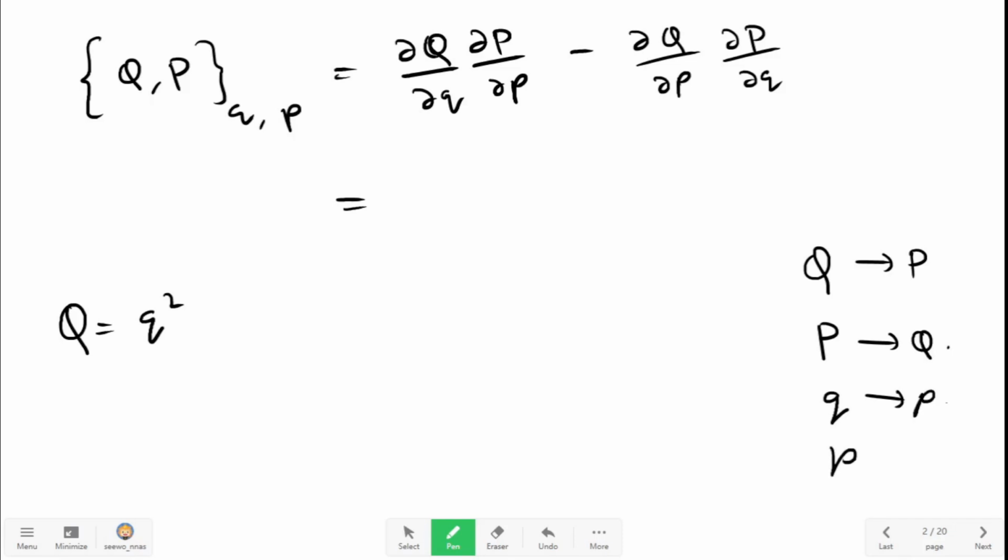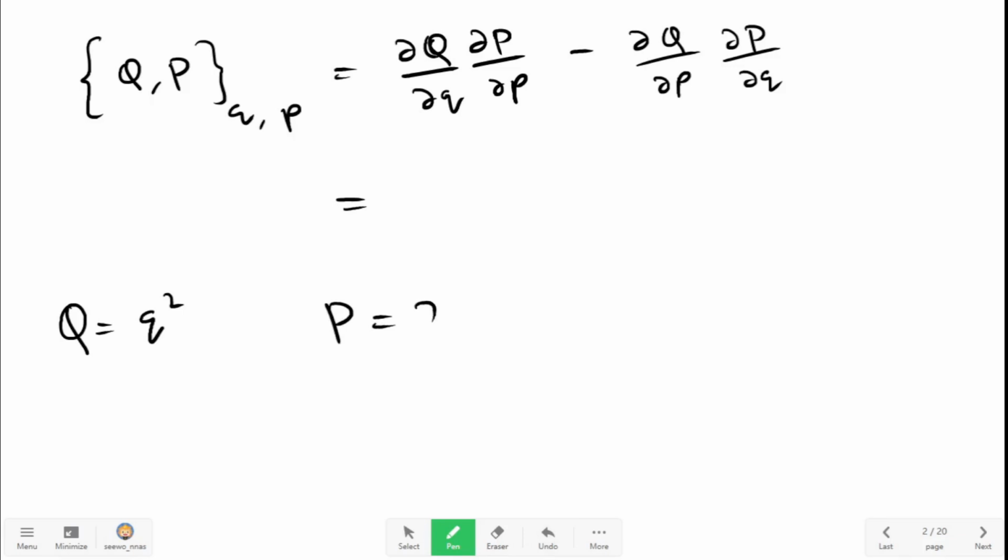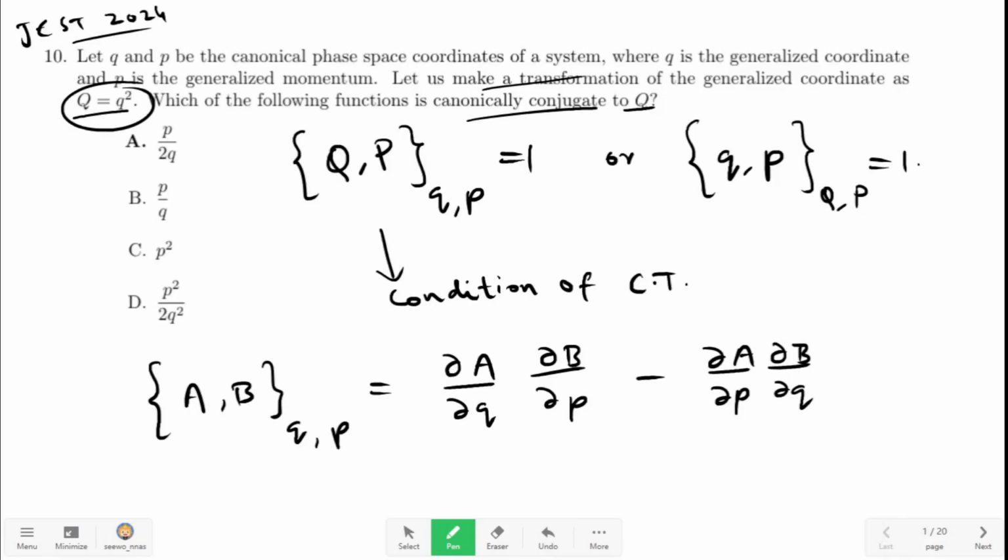Canonically conjugate quantity to small p is small q. So you know this, right? Canonically conjugate quantities are the corresponding coordinate and momentum. Therefore we have to find capital P.